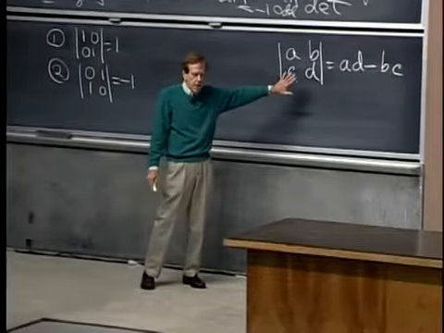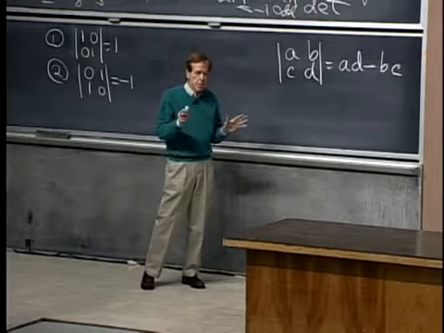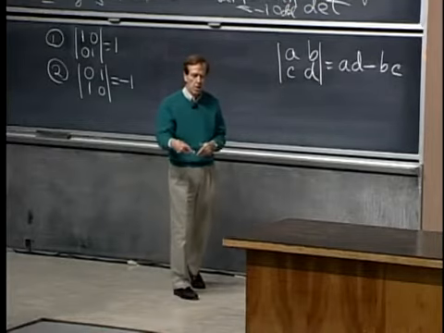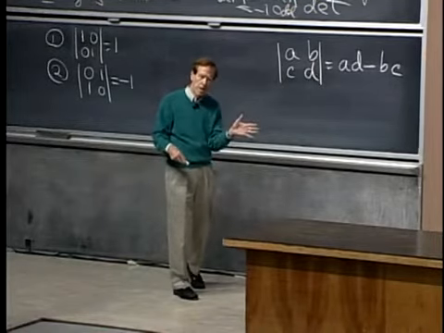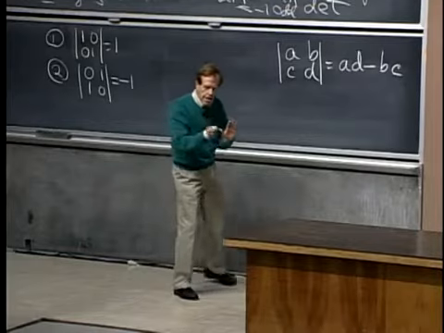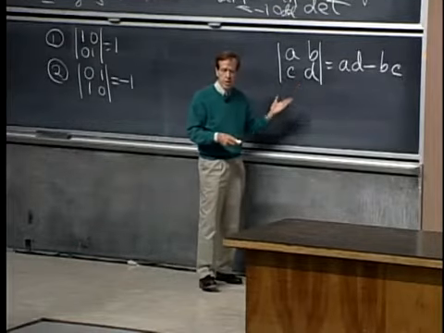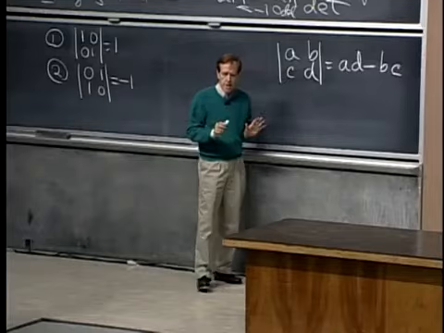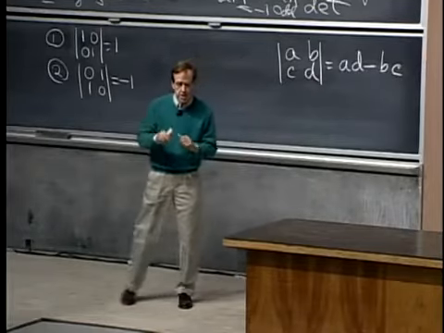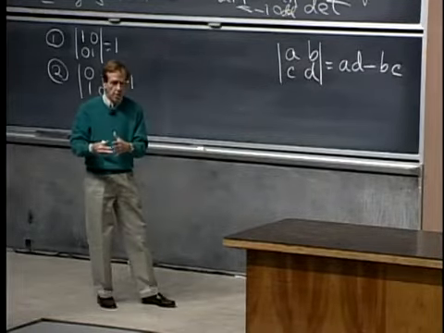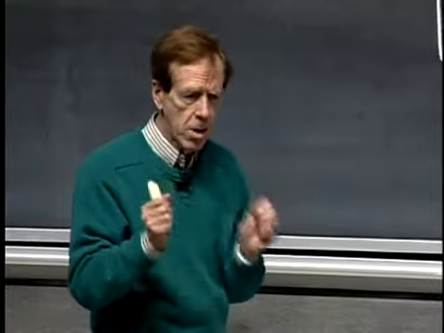I'm going to leave that up as the 2x2 case that we already know, so that for every property I can check that it's correct for 2x2s. But the whole point of these properties is that they're going to give me a formula for n by n. That's the whole point.